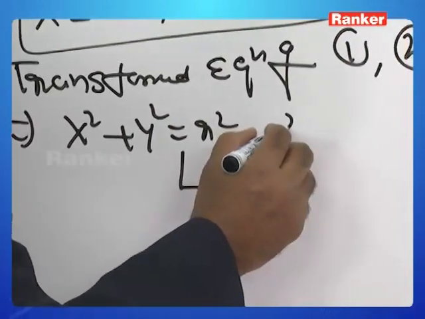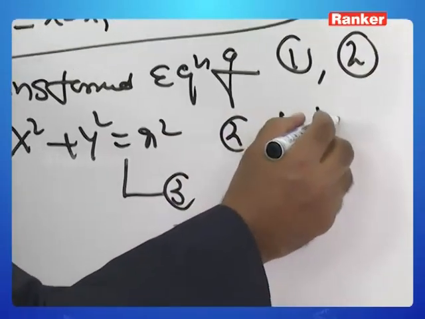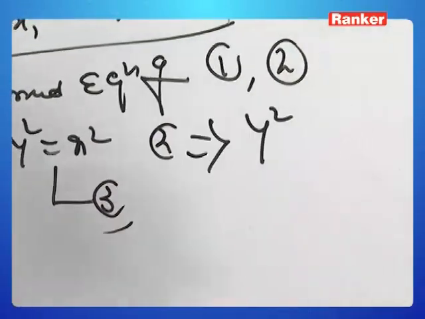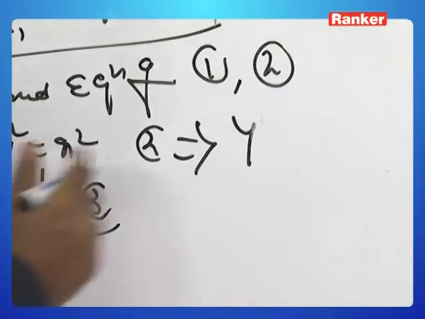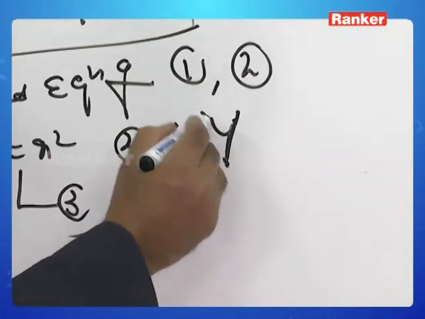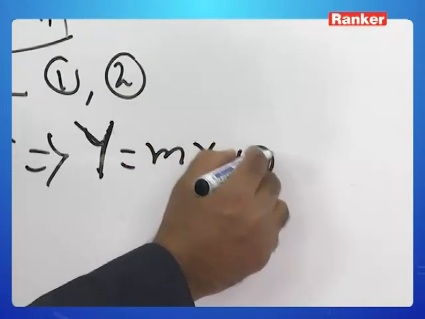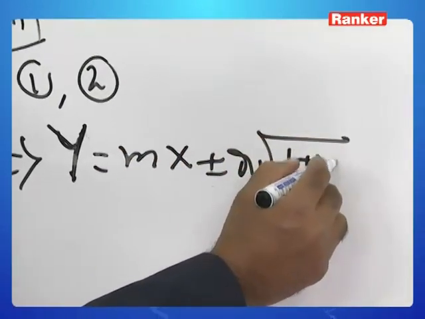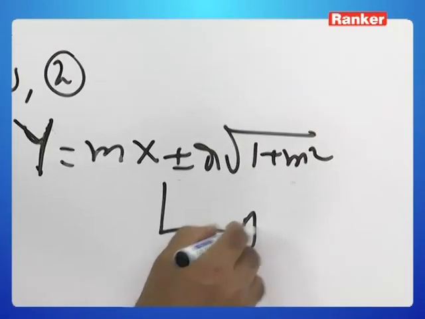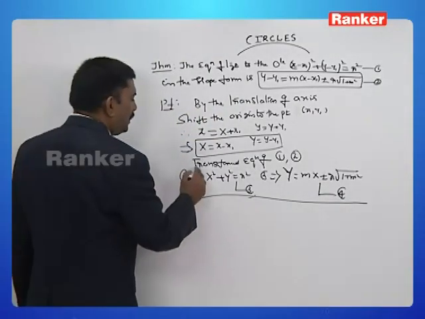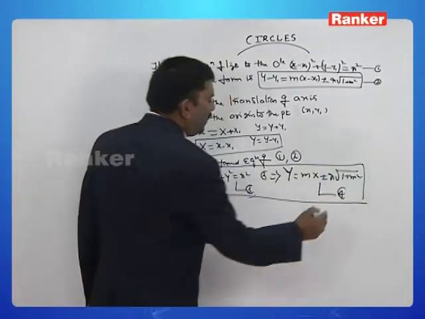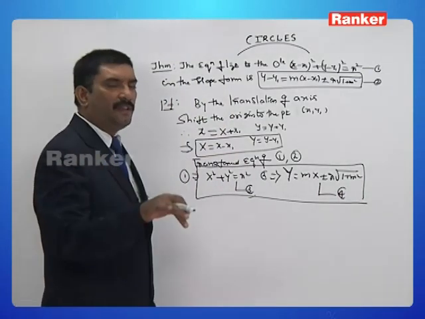And what about 2? 2 implies capital Y is equal to m into capital X plus r minus r into square root of 1 plus m square, you call it as 4. Now these two equations are in the standard form as we proved earlier.